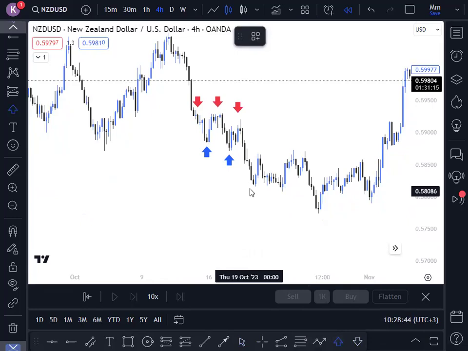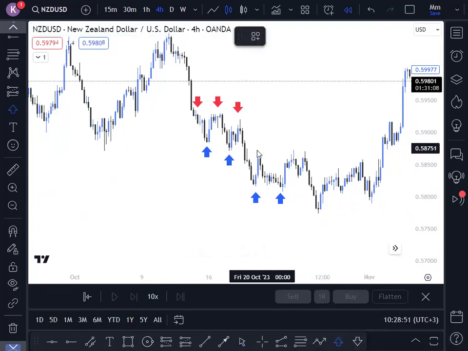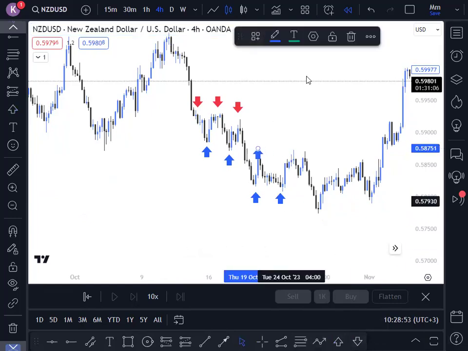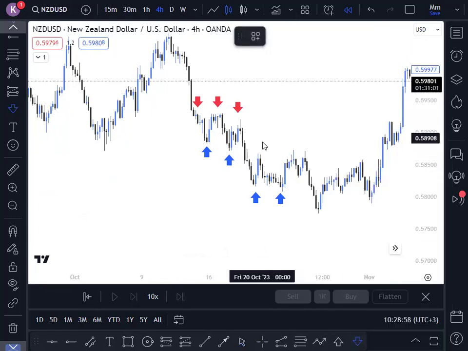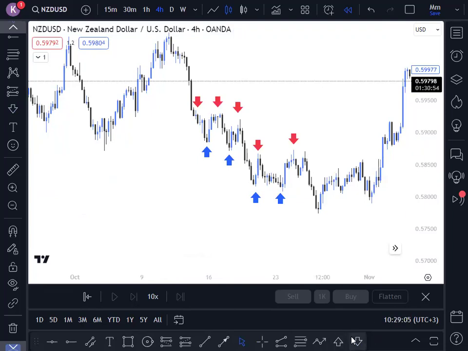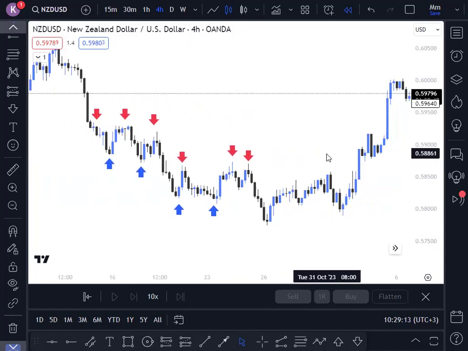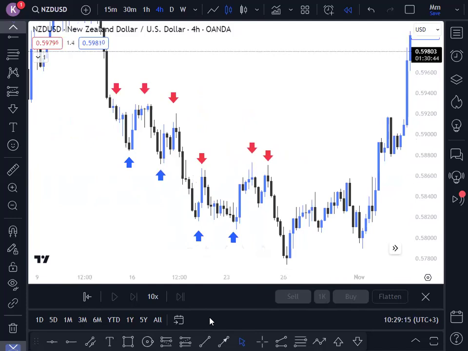So let me mark it for you, then we can analyze it together. So remember what I said, multiple confirmations confirm a resistance and a support. So you want to pick your tool, which is your triangle.